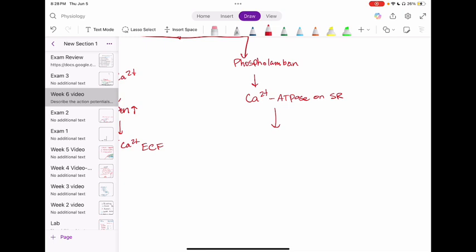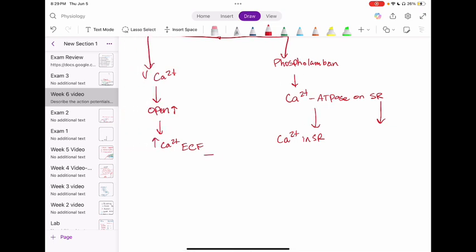And what this does is it also has two effects. There's more calcium stored in the SR, and this actually connects because the calcium from the ECF does come and is stored in the SR. And what it also does is it also helps the calcium to release.